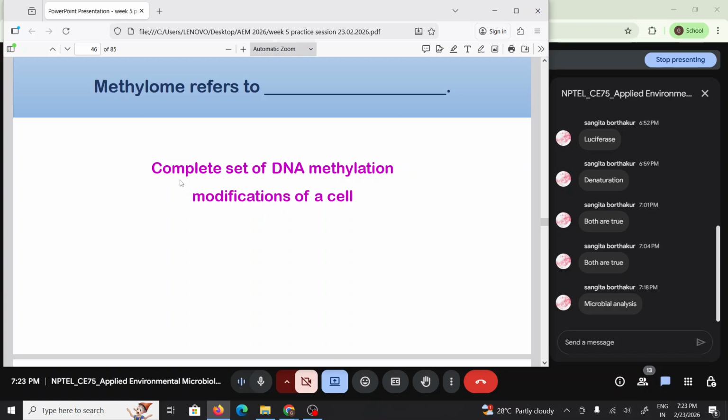A gene that was not expressed before could be turned on, or a gene that was being expressed could be turned off. So DNA methylation is one way where the genes get turned off, and when you study the complete set of DNA methylation modifications of a cell, then you call the complete set of data the methylome.